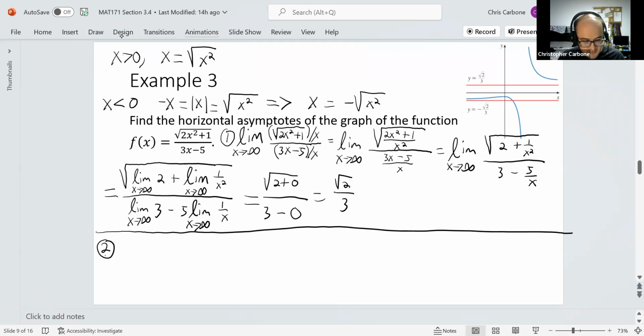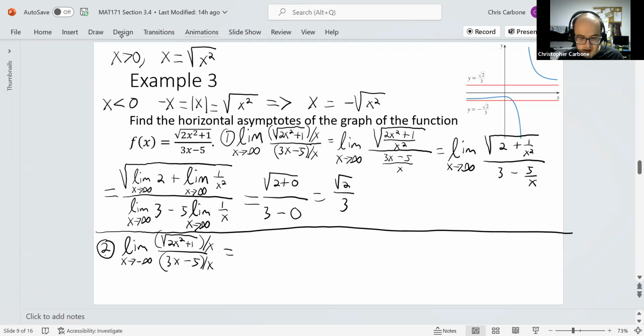So this is the second one, the limit as x approaches negative infinity of the square root of 2x squared plus 1 divided by 3x minus 5. Dividing by the x like we did in the first one produces pretty much the same result, since we're able to then move the x squared underneath the radical.